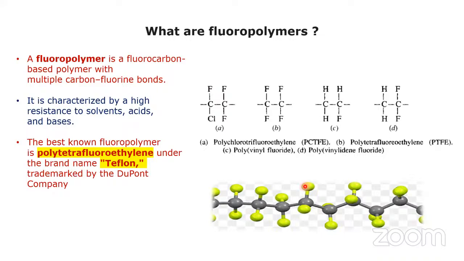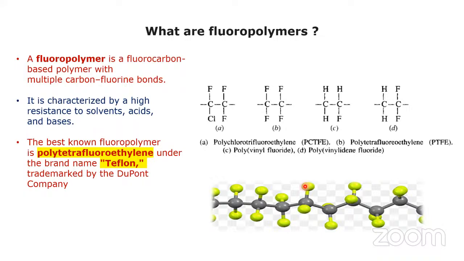Am I audible? Yes. In this class, what you are telling, with three hydrogens but one fluorine, still, even with one fluorine, we can call it a class of fluoropolymer. It is nothing but polyvinyl fluoride.